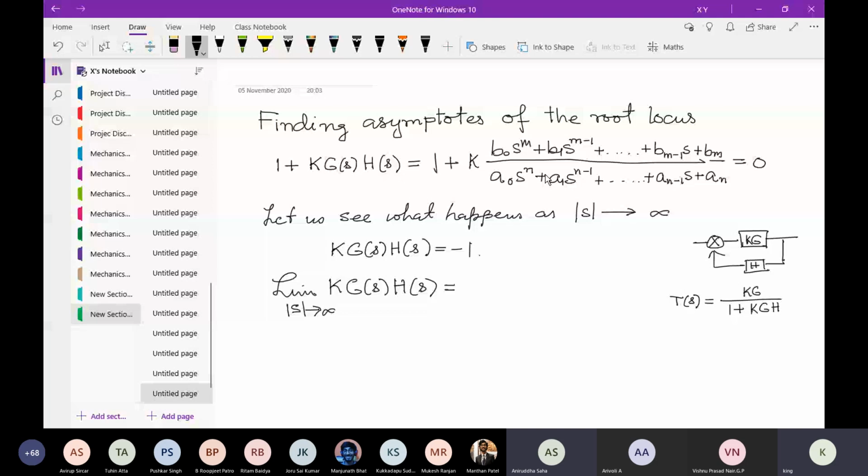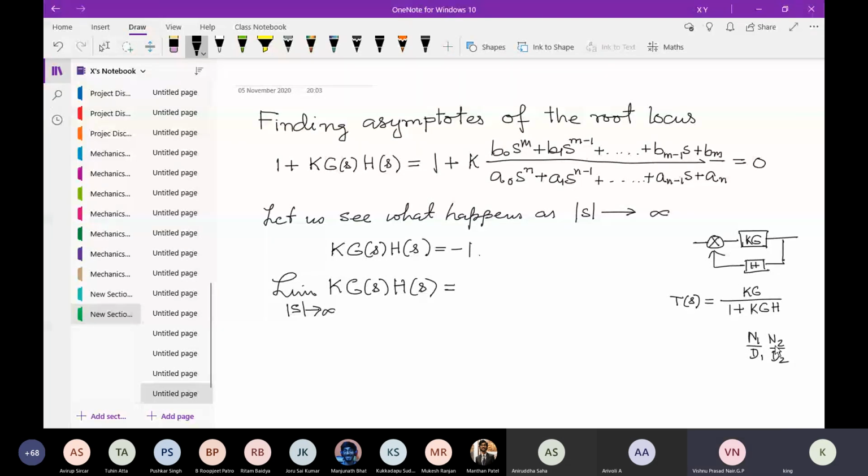Why not? The denominator from H will go to the 1, G's denominators will cancel. Okay, but when you simplify, if this has N1, D1, this has N2, D2, what is going to happen?